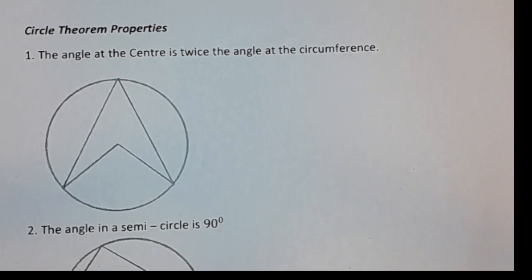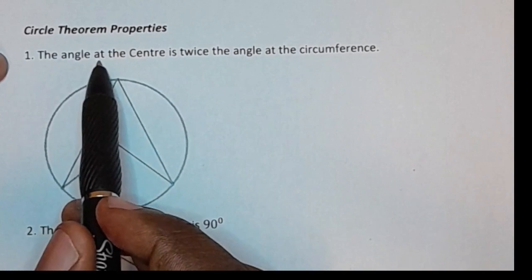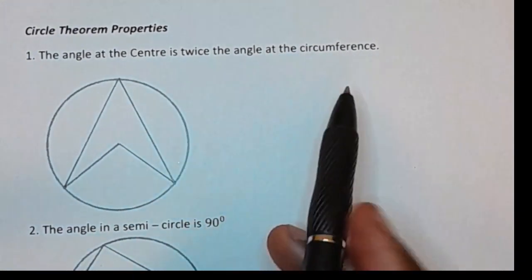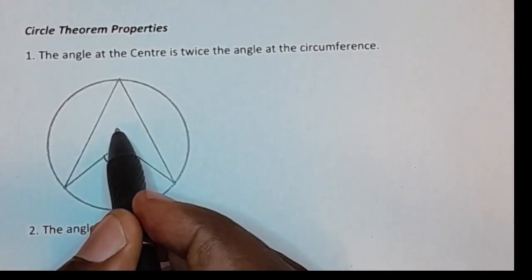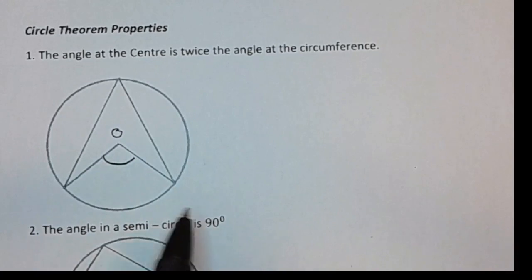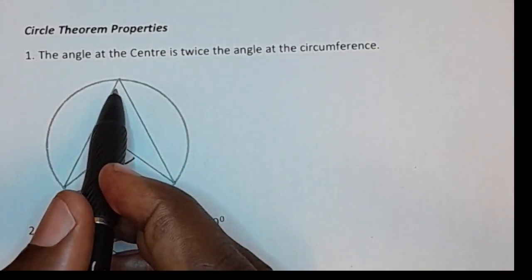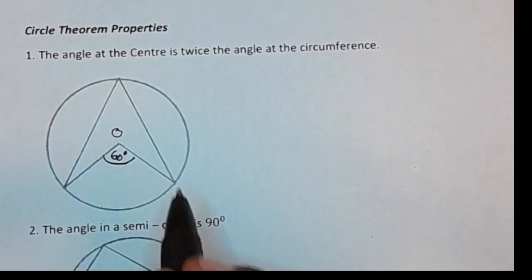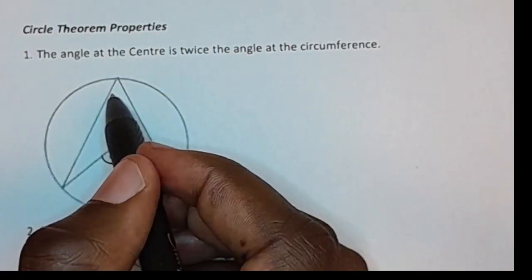Theorem number 1 says the angle at the center is twice the angle at the circumference. The center is this one here, let's say this is O, center O. The angle at the center should be twice the angle at the circumference.